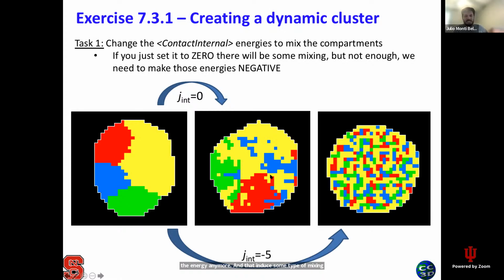It seems that it's not enough. You still have some kind of separation and clusterization into compartments. The energy between lattice sites that belong to the same domain, or to different domains, is the same, 0. So you feel like there should be no energy, so they should all mix.